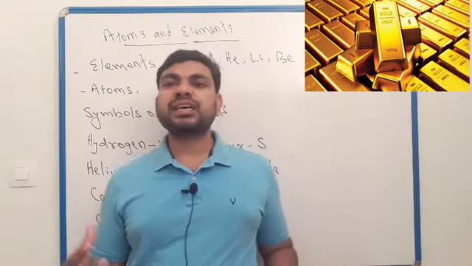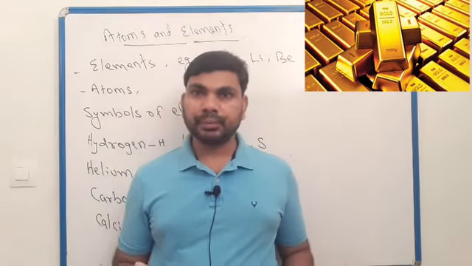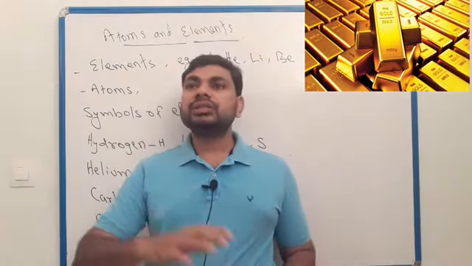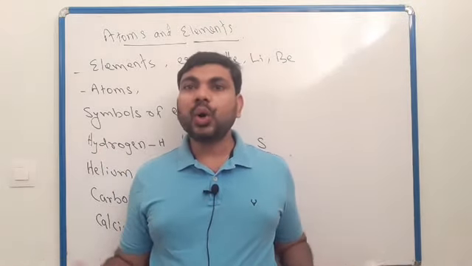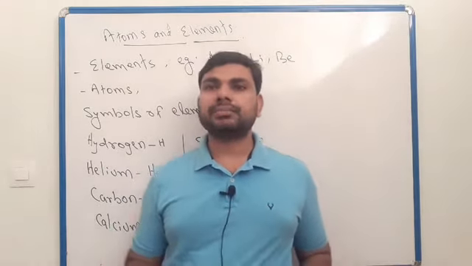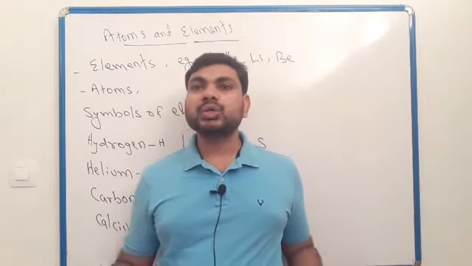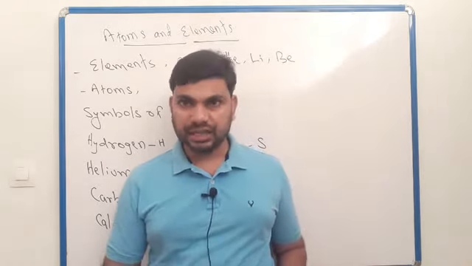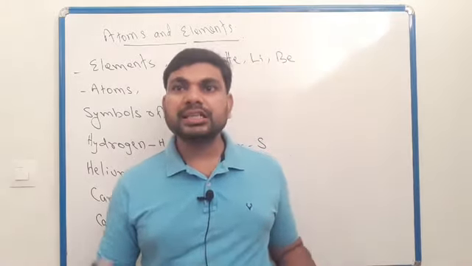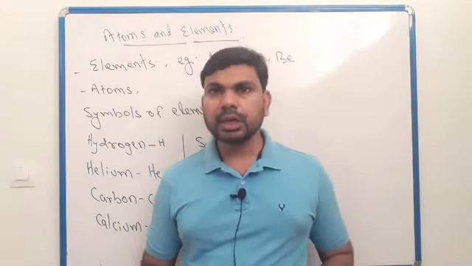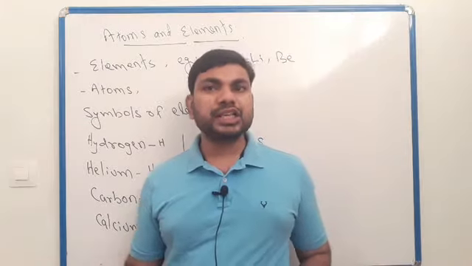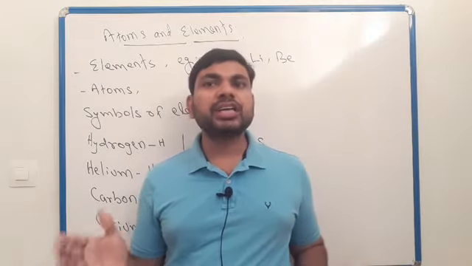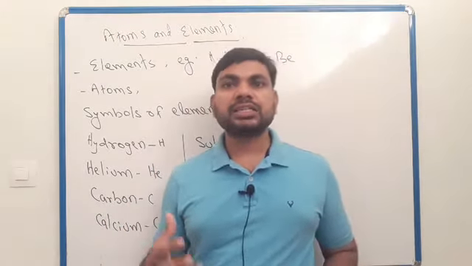Such a substance is called an element. Imagine this room contains only oxygen atoms, only oxygen gas. So here there is only one type of atoms, so we can say it is an element.